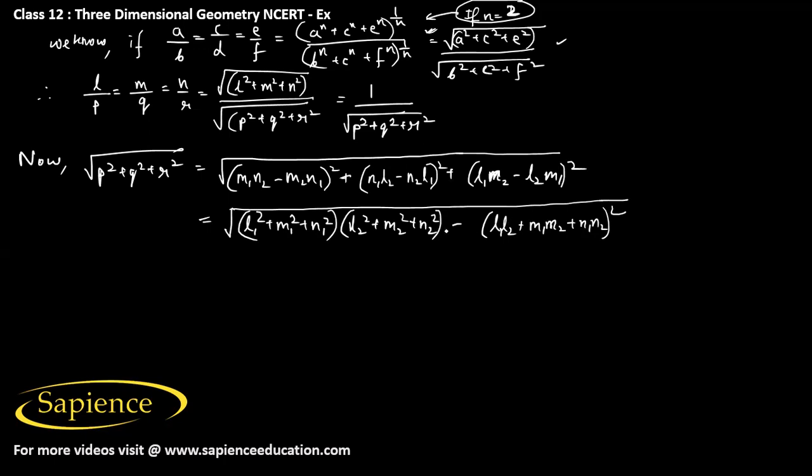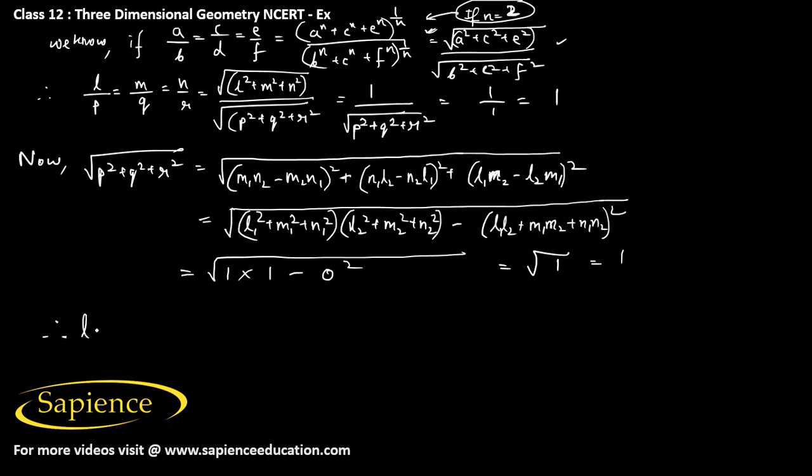We can prove that this is equal to this. We know the first is 1, the second is also 1, and the last is given as 0. So this will be root over 1, which is 1. Therefore this is 1 by 1, which is 1 only. So square root of P square plus Q square plus R square is 1.